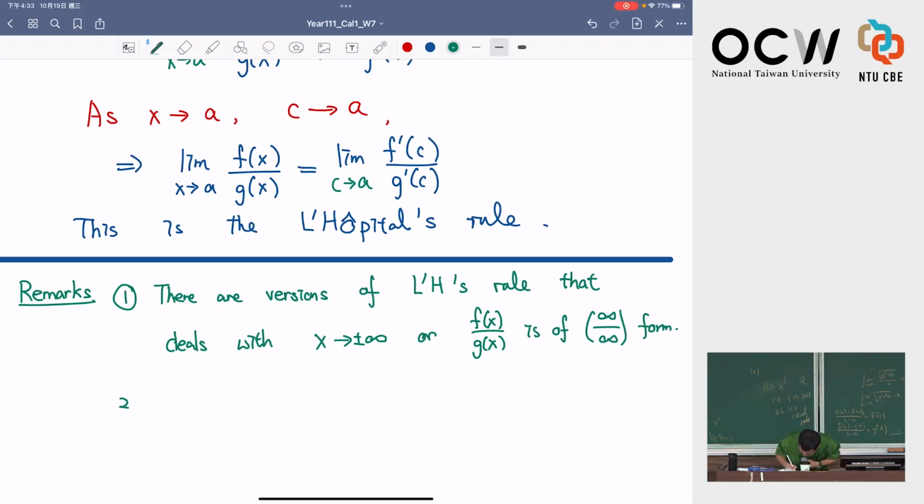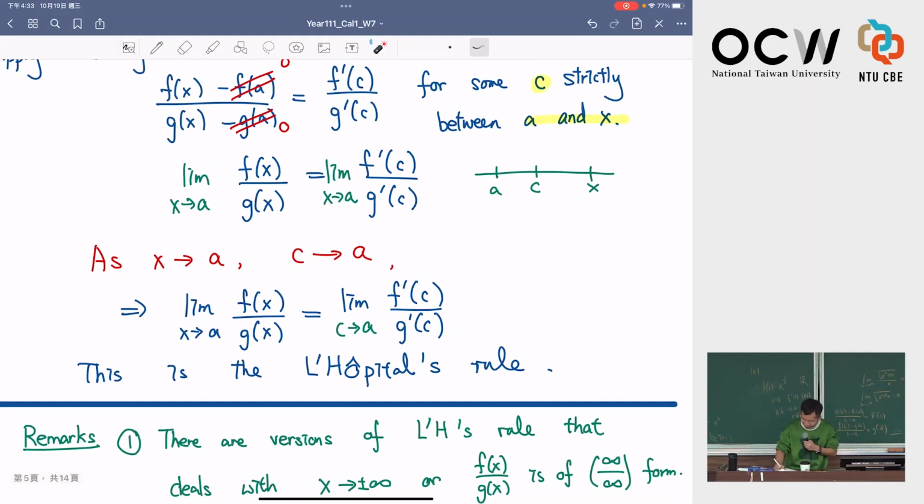Secondly, and it's more important, if you look at the above proof, at a certain point you realize that we take the limit on both sides. But for this to make sense, you need at least one of the limits to exist.